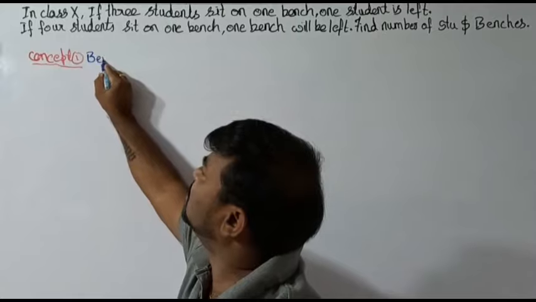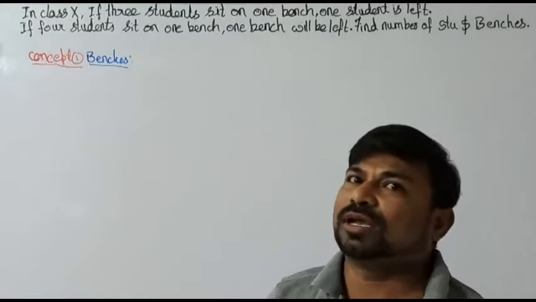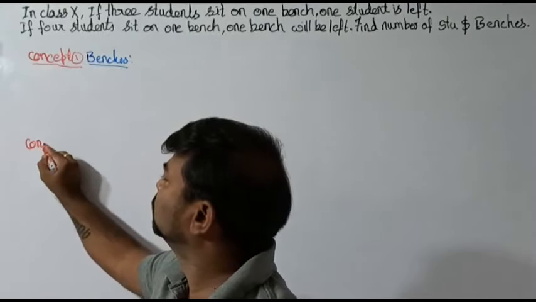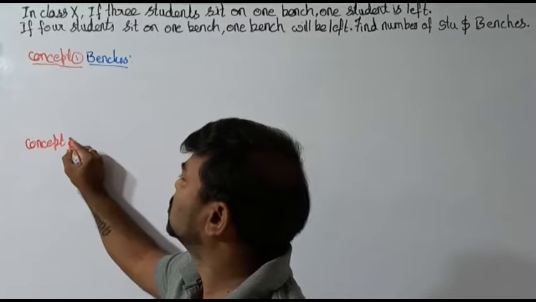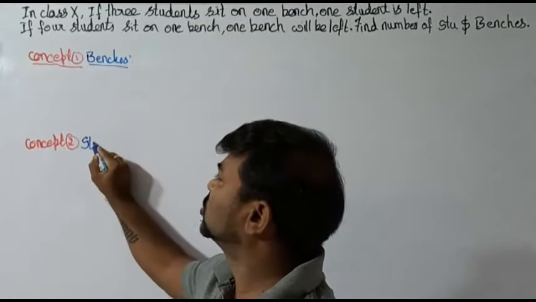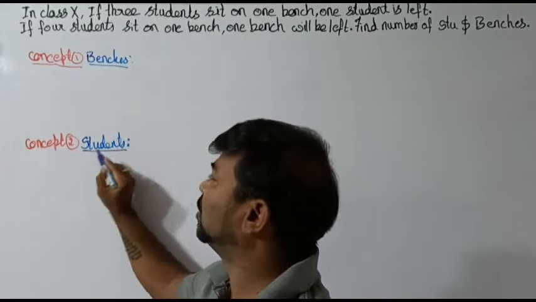Why I'm taking benches as the first concept, I will let you know. Concept two, I like to take as students. Students are the second concept I am going to deal with in the sum.